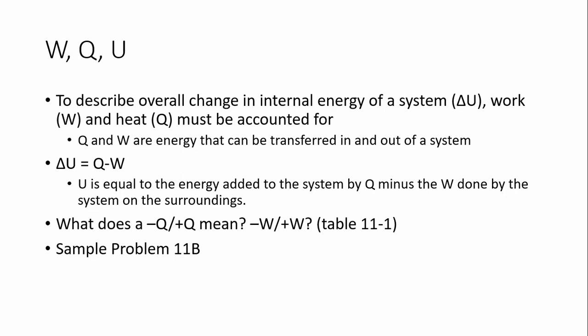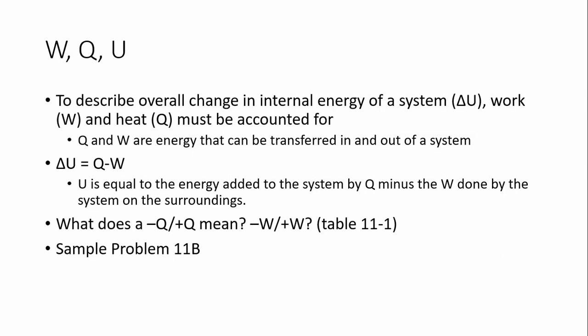But it gets more tricky when we have to assign a sign, positive or negative, to these two values. And this is where table 11-1 is going to help us out. So I want you guys to open your books to page 410, table 11-1. And so the first one here, we're focusing the first 3 rows on heat, the last 3 rows on work.